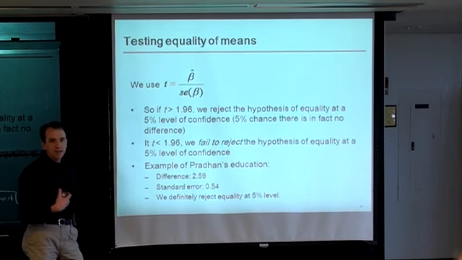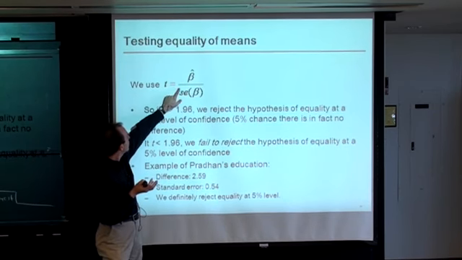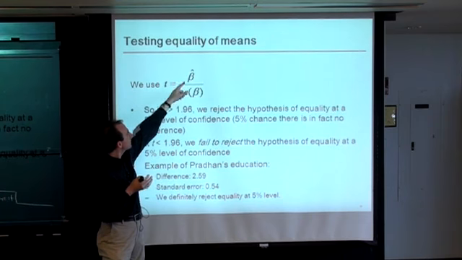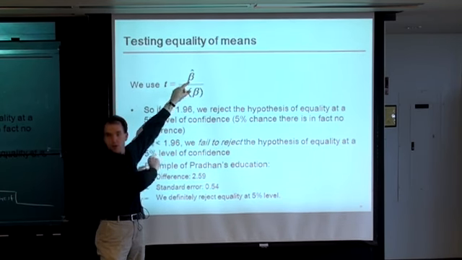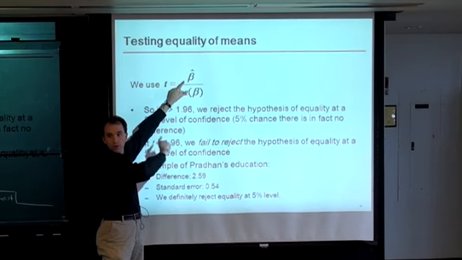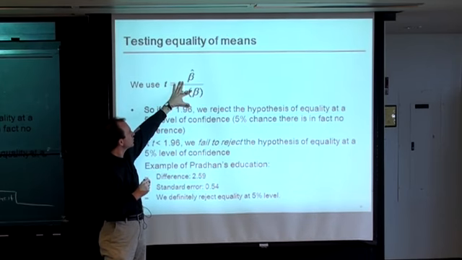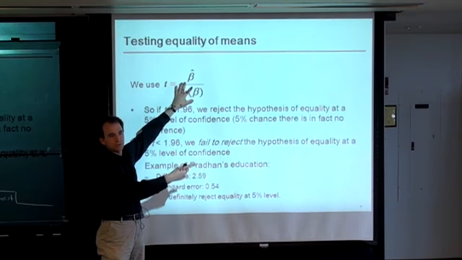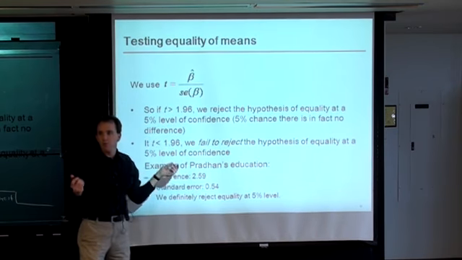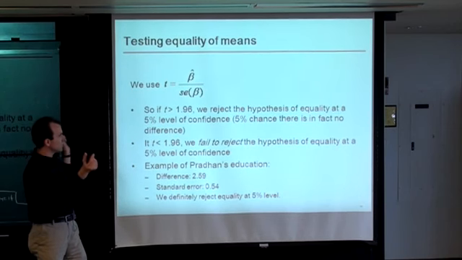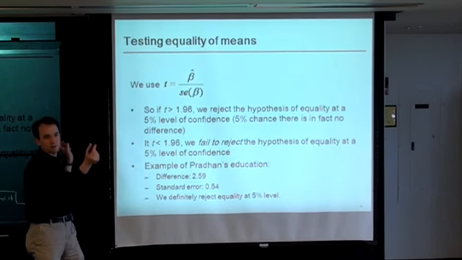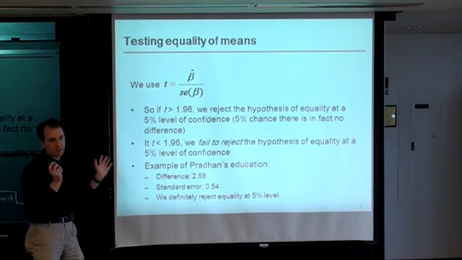Why is that? It's because we know from statistics that if the truth is 0, so if we're in the no effect box, this ratio will have a normal distribution. And it just turns out from a normal distribution that the 5% confidence interval is 1.96 away from 0. That's just a fact about normal distributions.